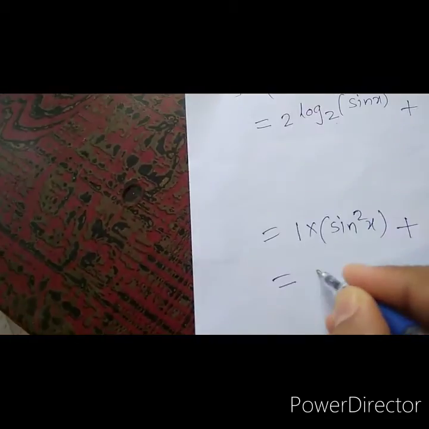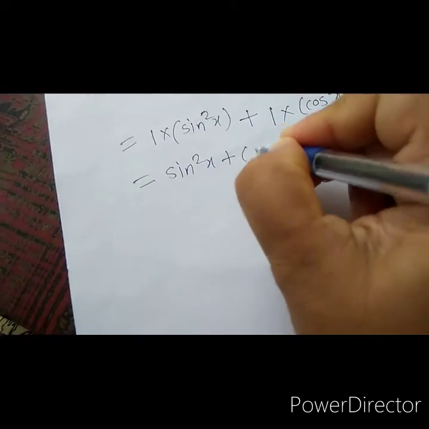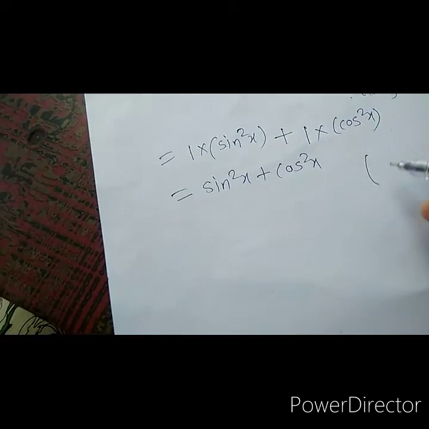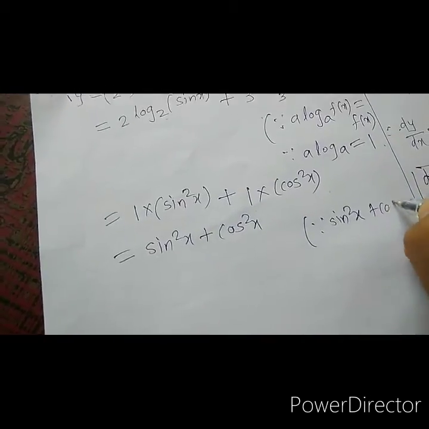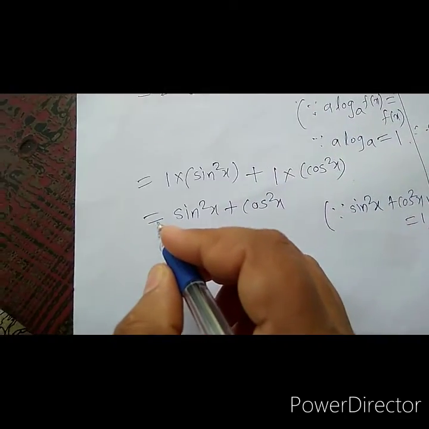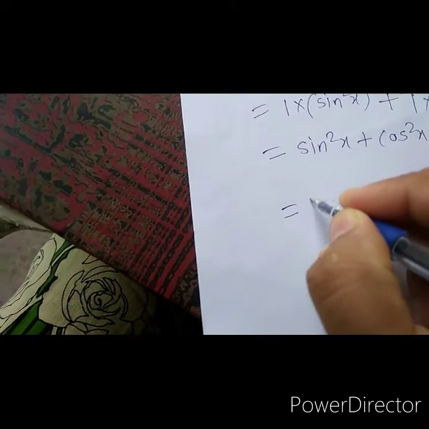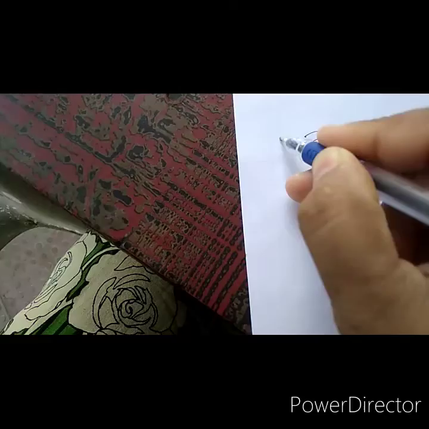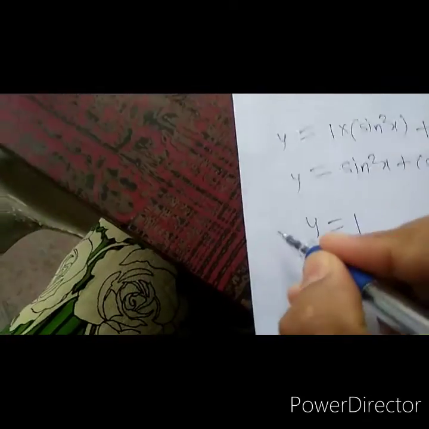And we know the identity sin square x plus cos square x is equal to 1. And therefore we got y is equal to 1.